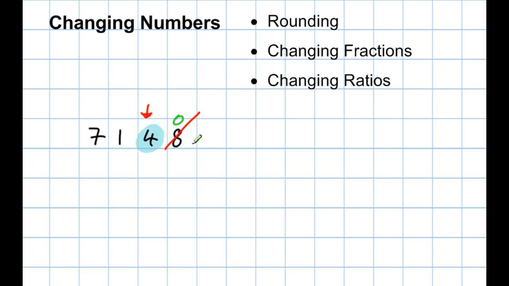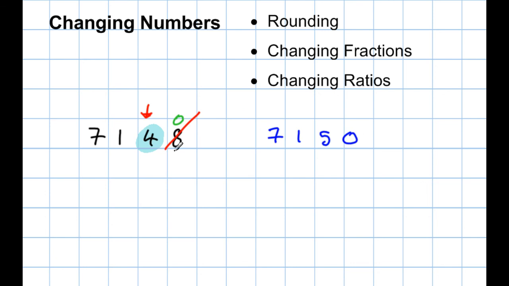Well, the rule is this: if the figure you crossed out, the first figure you crossed out, was 5 or more, which it is in this case, you make the figure you keep, the last figure you keep, 1 higher. So to the nearest 10, that is 7,150.